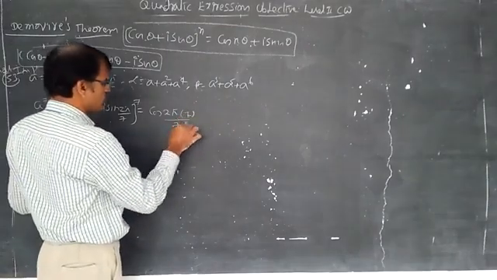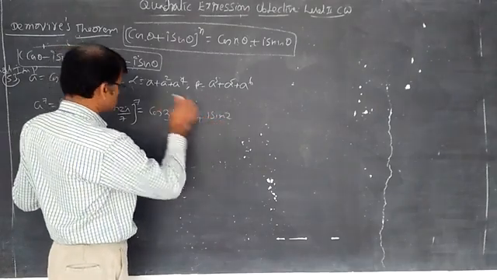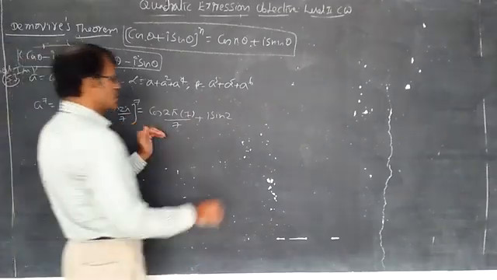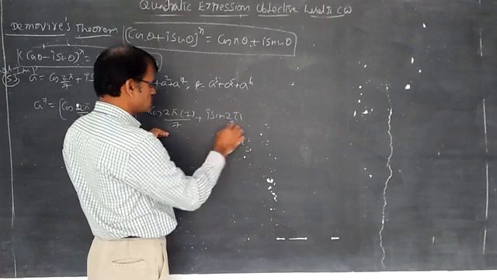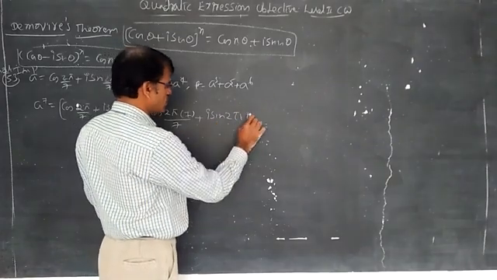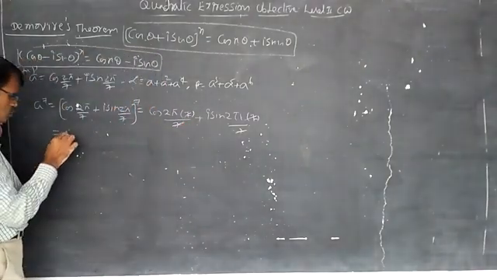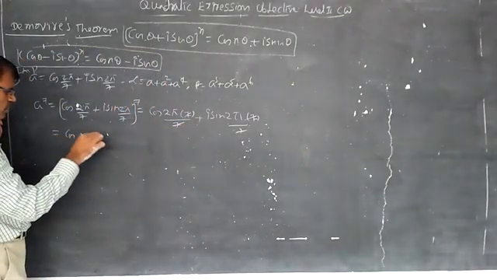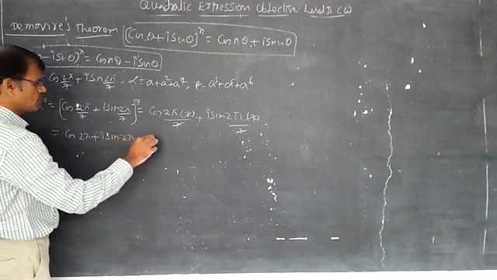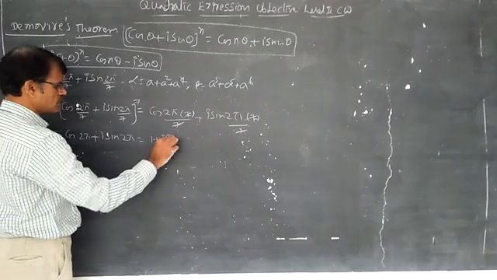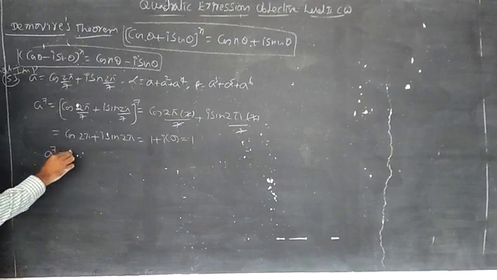Whatever the power n is, it goes into the numerator of the fraction: cos of 2 pi by 7 into 7, so it becomes cos 2 pi plus i sin 2 pi. Cos 2 pi value is 1, sin n pi is equal to 0, so 1 plus i into 0 is equal to 1. Therefore, a power 7 is equal to 1.